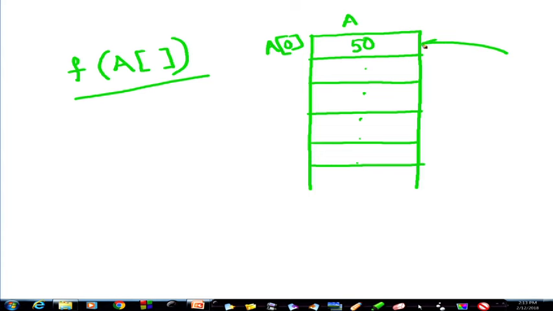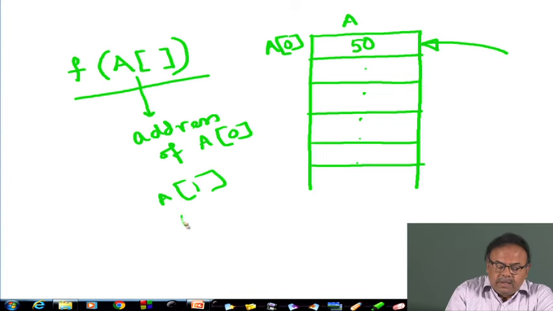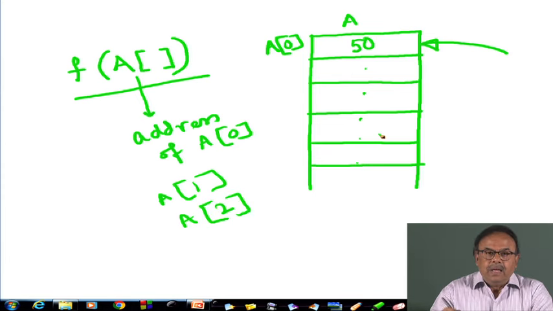If I pass the address of A0, then I can get access to all these elements, A[I], A1, A2, anything, because I can compute the address very easily as I have shown just now, all right.